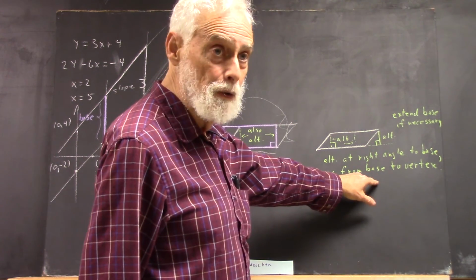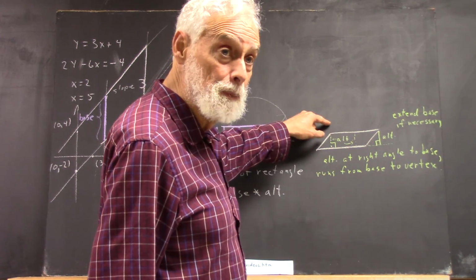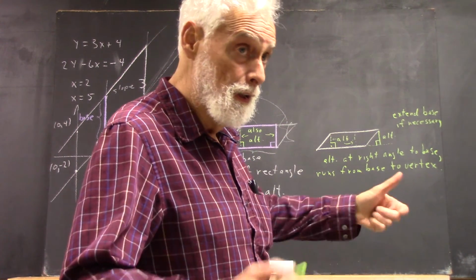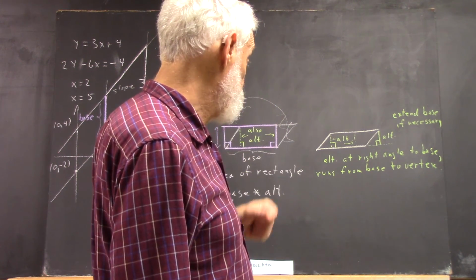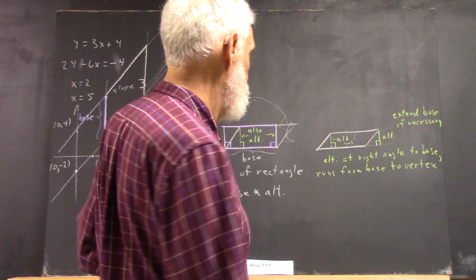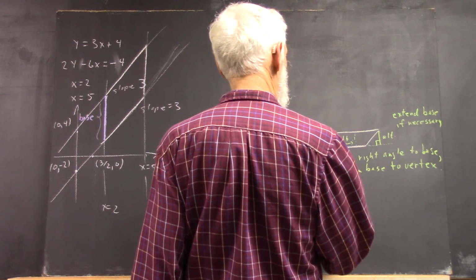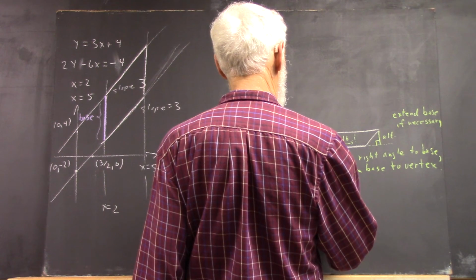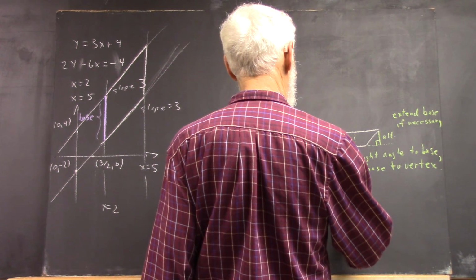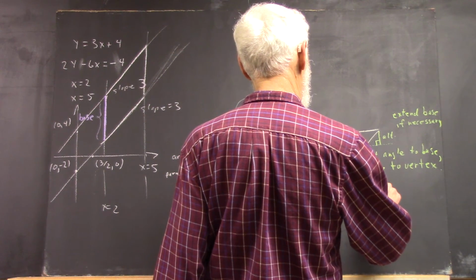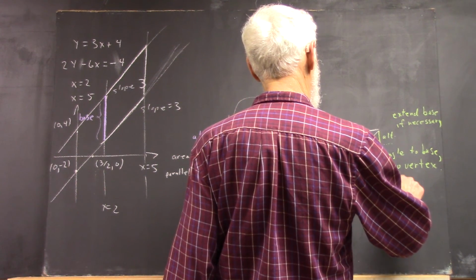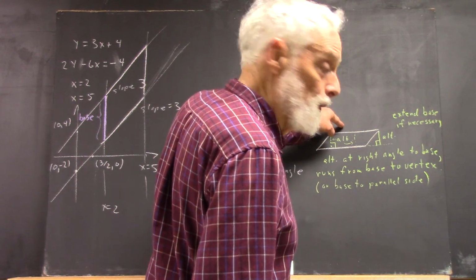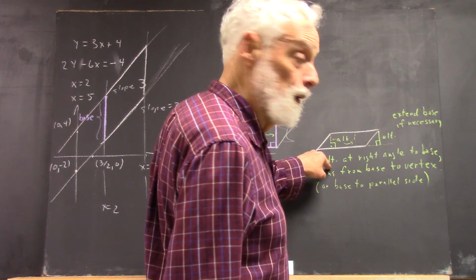Now that's not the way I wrote it, but this distance is going to be the same as this one, because of right angles and so forth. So you could also think of an altitude as running from the base to the parallel side, at a right angle to the base in every case.